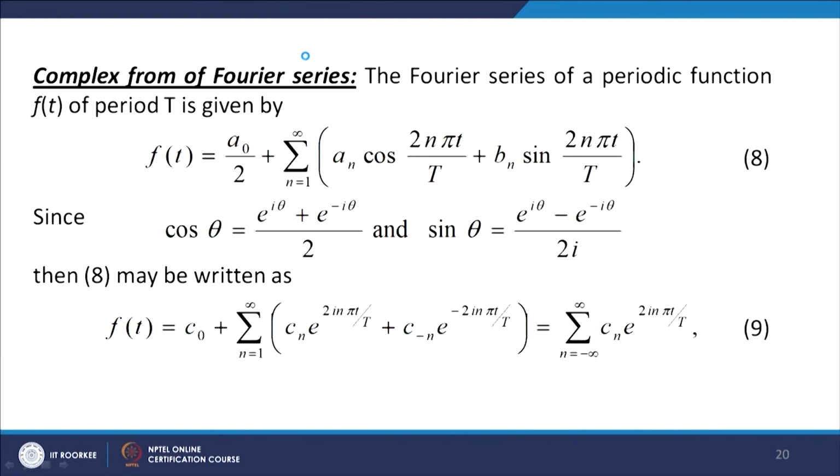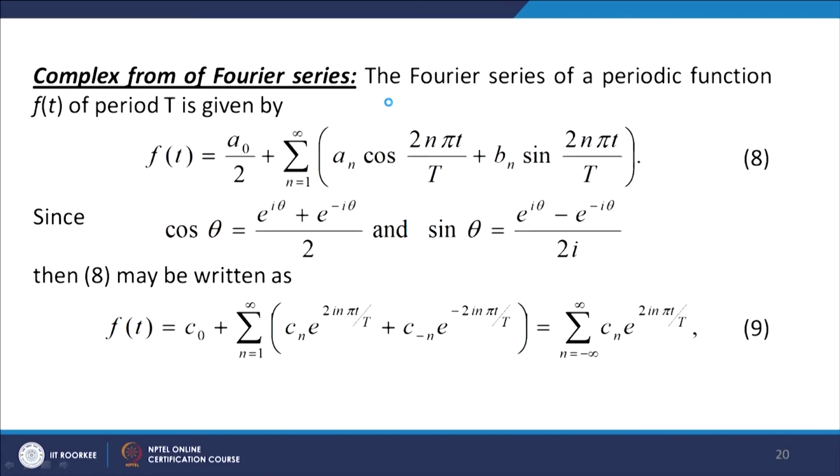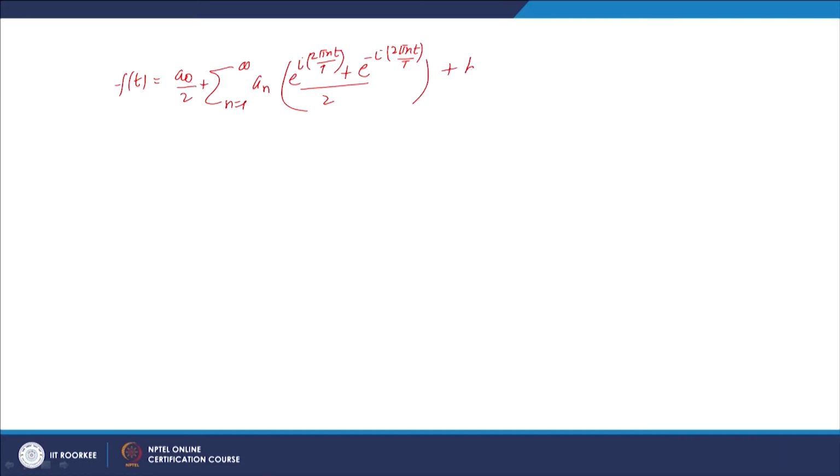So, a n times (e to the power i 2 pi n t by T plus e raised to the power minus i 2 pi n t by T) divided by 2, and then we have b n times (e raised to the power i 2 pi n t divided by T minus e raised to the power minus i 2 pi n t divided by T) over 2i.